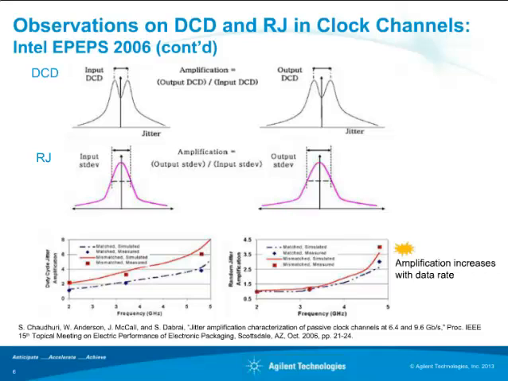And for RJ, the effect is measured by comparing the RJ RMS between output and input. And at the bottom, you can see the measured and simulation results for DCD and RJ. We noticed that both amplifications increase with data rate.